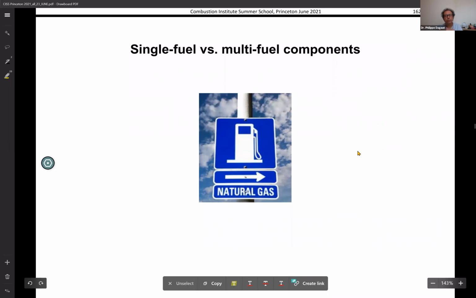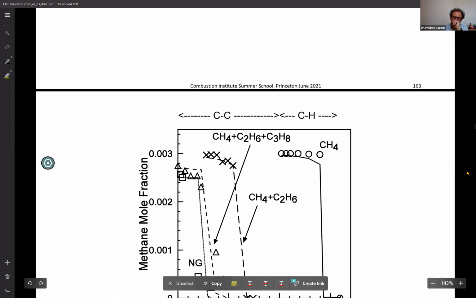Now I would like to spend some time discussing the effect of multi-fuel components on the overall reactivity. On this first graph, I show experimental results.